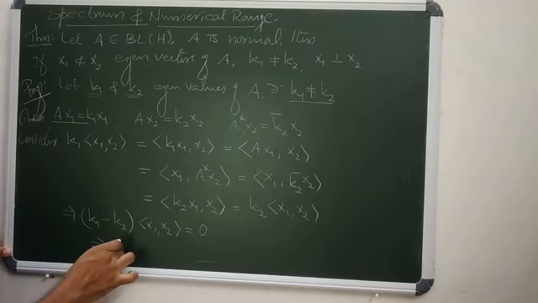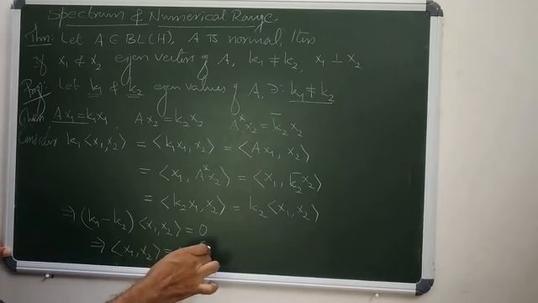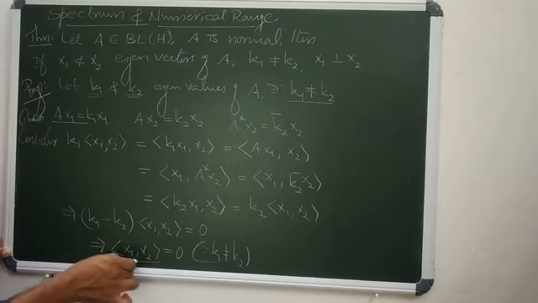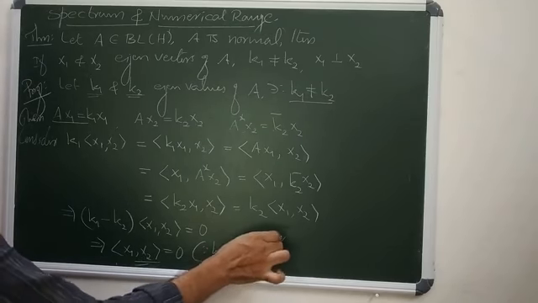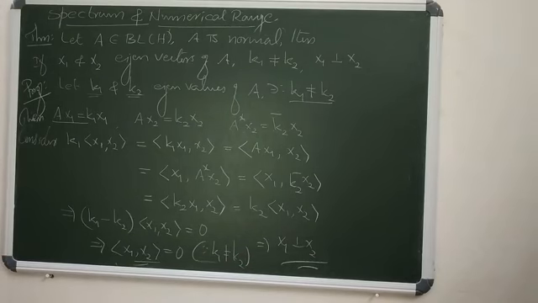So this implies the inner product x1 x2 equals 0, which means x1 and x2 are orthogonal. So when x1 and x2 are eigenvectors of A corresponding to distinct eigenvalues, these eigenvectors are orthogonal. Enough.